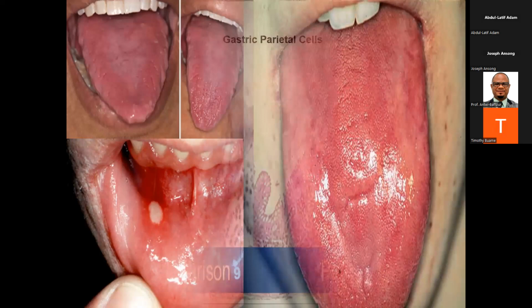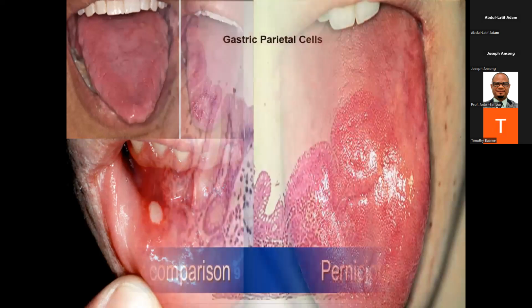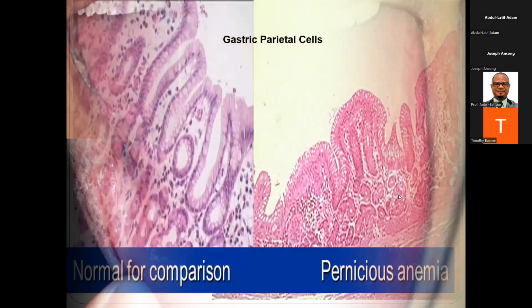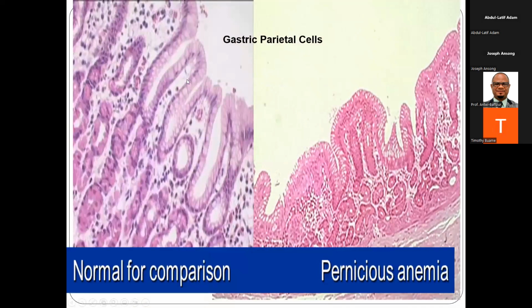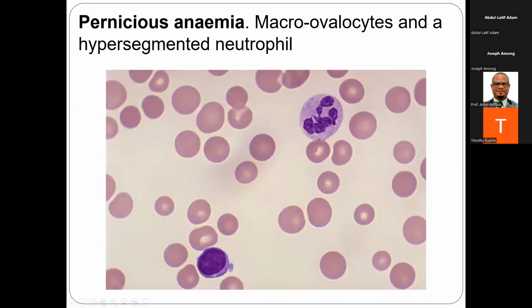When you check the stomach, the normal stomach will have the gastric glands well lined. In a pernicious anemia patient, the gland cells have been depleted. As I mentioned, pernicious anemia is also a megaloblastic anemia, so you can see quite large red cells here.